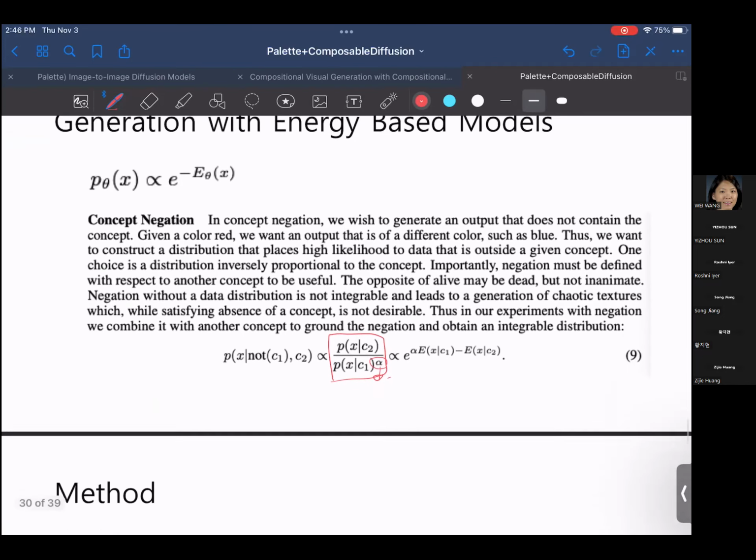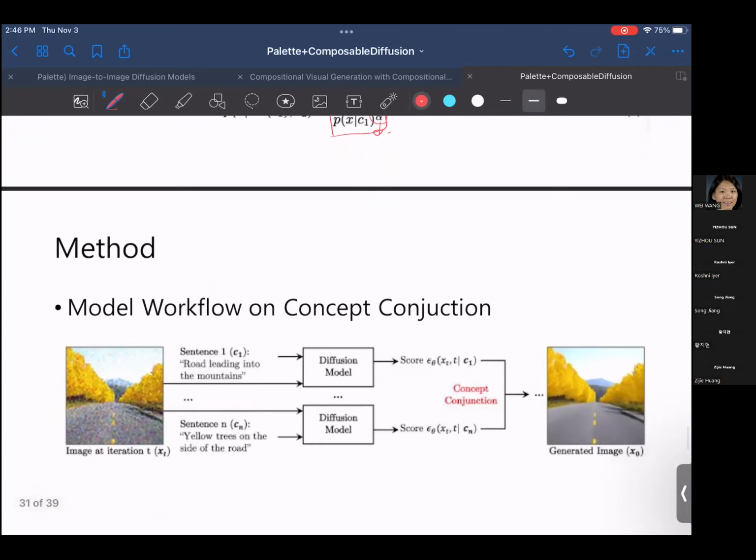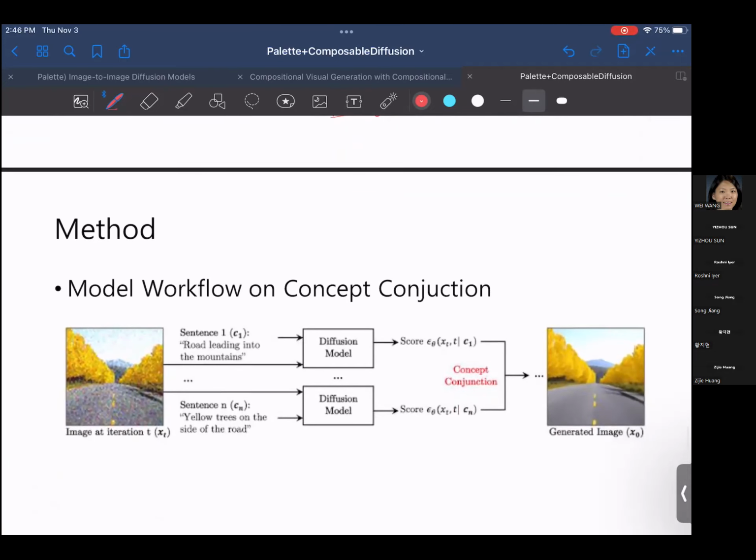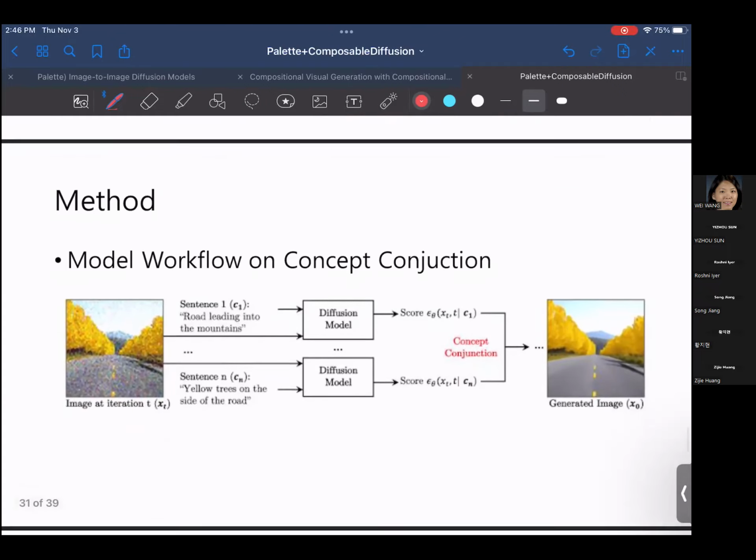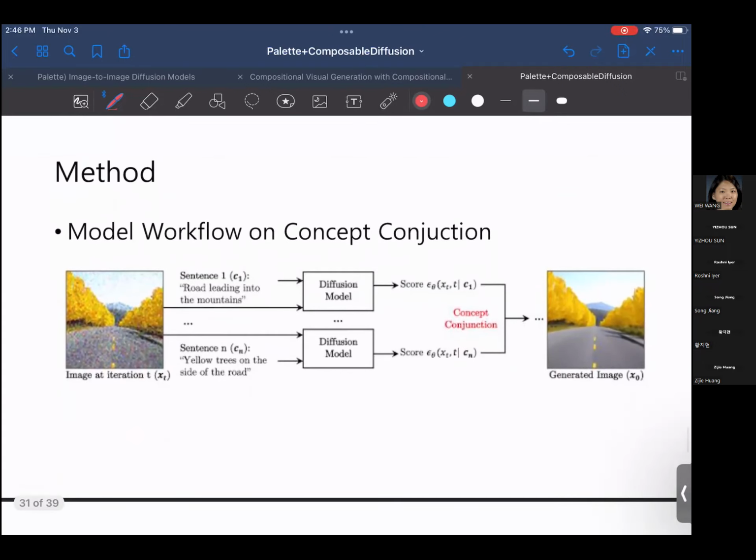So they use the same method for the derivation of the negation and conjunction in this paper too. So for example, this is the model workflow for this concept of conjunction, and when you input an image, this is going to be composed of several different sentences.